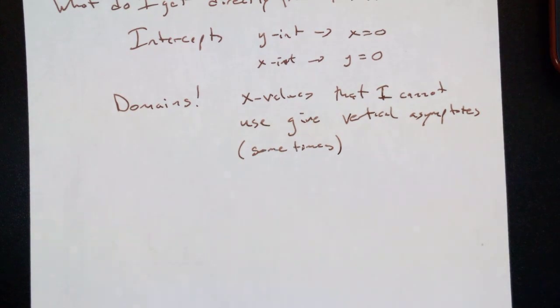If there's an x value I can't use, I might have an asymptote there. Not always, though. What else could happen instead of an asymptote? Could just have a hole in the picture. We did x squared minus 4 over x minus 2 and just had a hole instead of an asymptote.